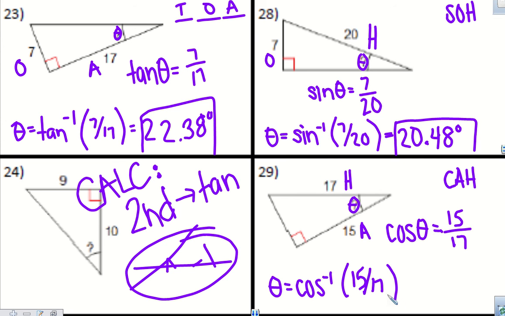When you type it in your calculator, you're going to click second cosine, and then you're just going to do 15 divided by 17. And you're going to get 28.07.